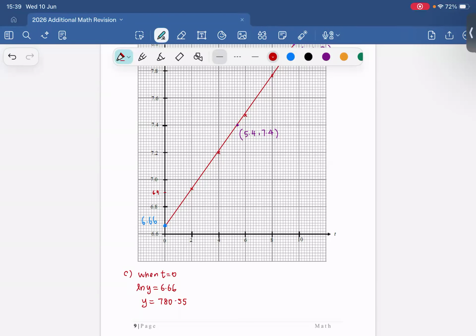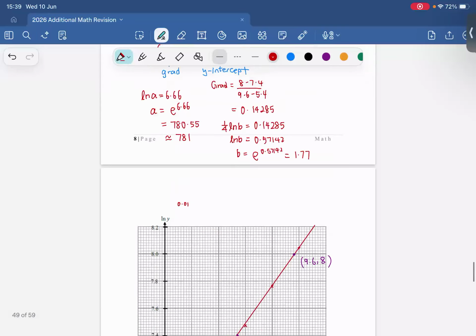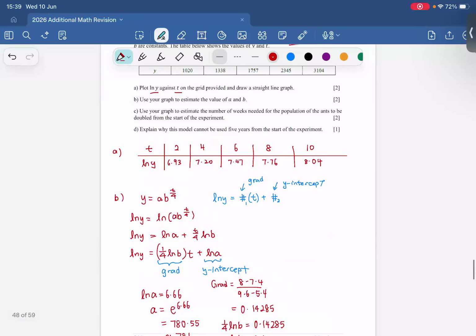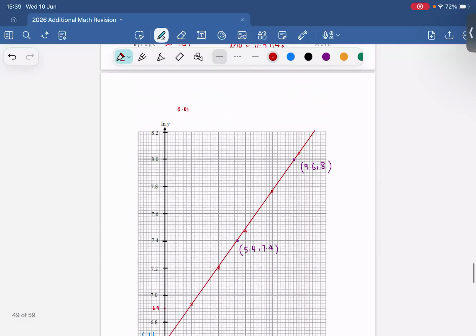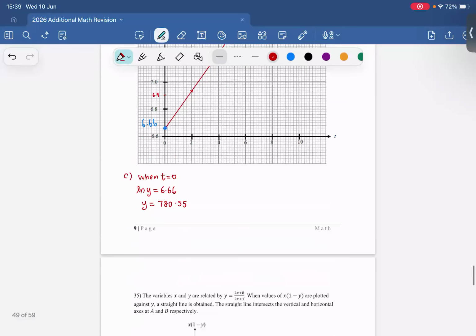So this is the initial number of ants. So the question says find using your graph when the ants population is double, right? So double of our ant population will be what? Double the population will just be equals to 780.55 times 2.